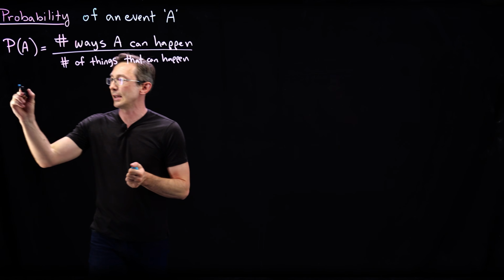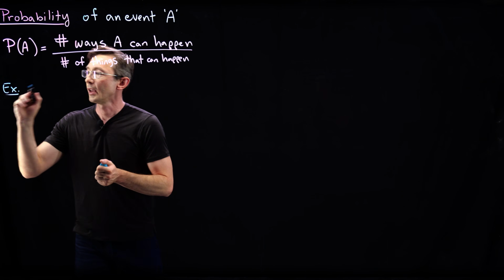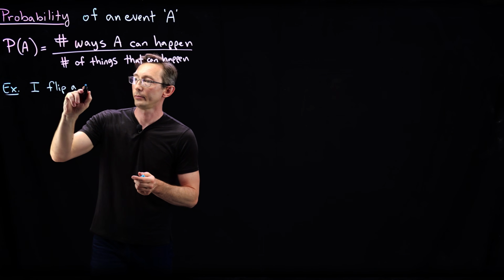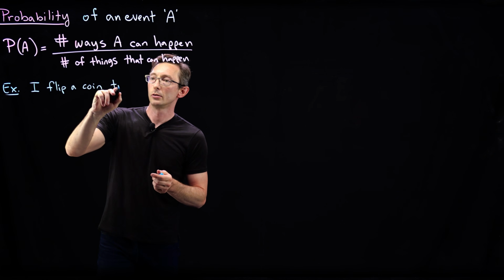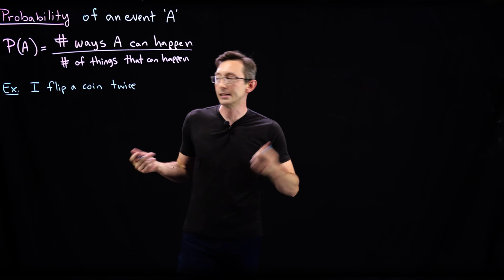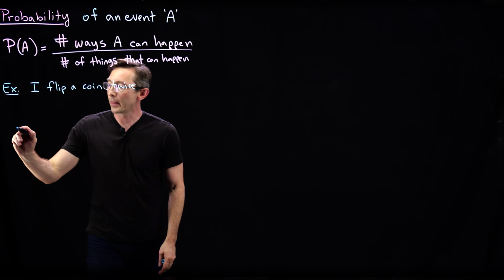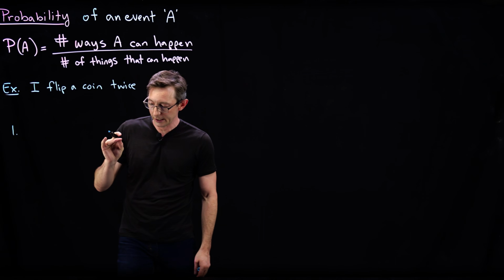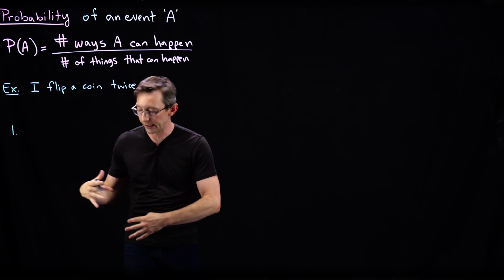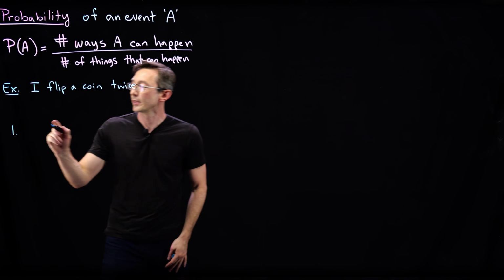Okay, so the example is I flip a coin twice. Now, 2 questions I could very easily ask are, what's the probability I have at least 1 heads?